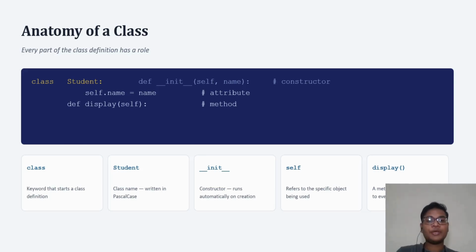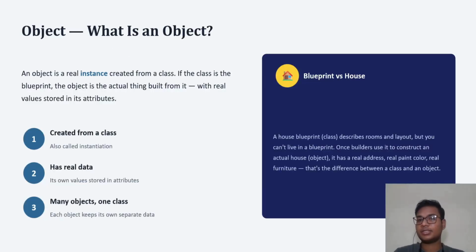Okay, so I hope you understand all these points of the anatomy, why we use this and what it means. So now let's move forward. We talked about what a class is, and now let's talk about what an object is.